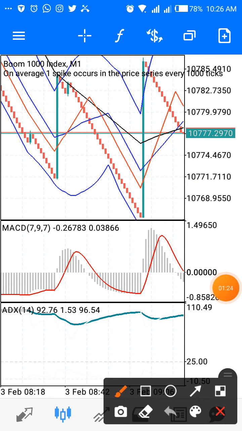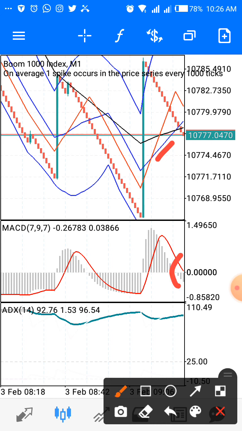Okay, the three conditions we said: one, your middle Bollinger Band, which is this blue, must cut across the candle. Secondly, your MACD must be showing a downtrend like what we have here. And thirdly, your ADX must be above our 25 line. So these three conditions, we can enter a trade.